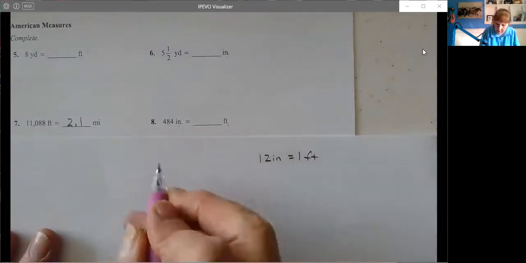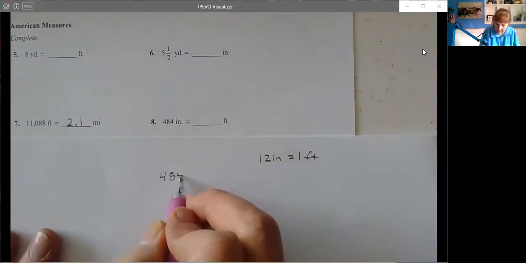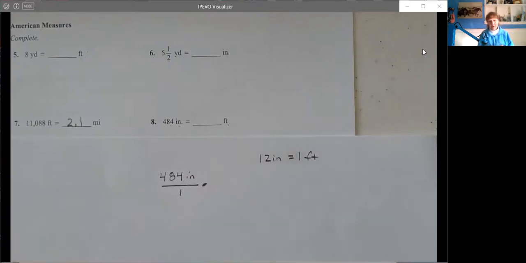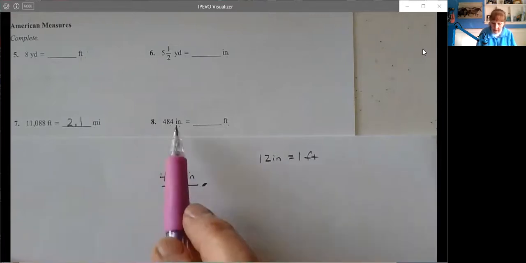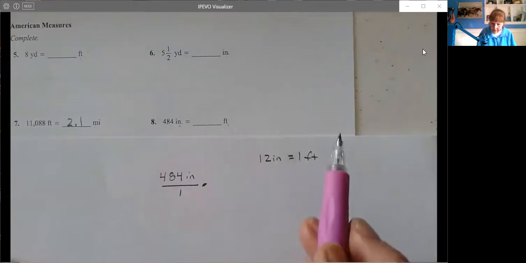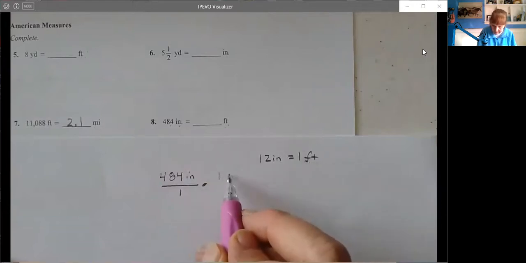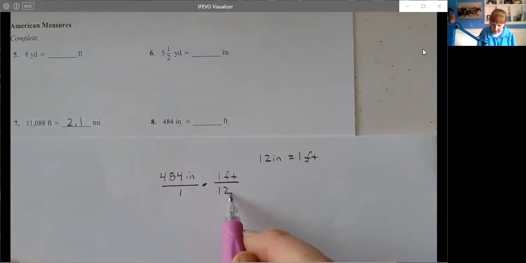We'll take what we're given over 1. Looks like we can do this in 1 multiplication because we have a direct conversion between inches and feet. I want feet, so I'm going to put this in the numerator, all right, and this in the denominator.